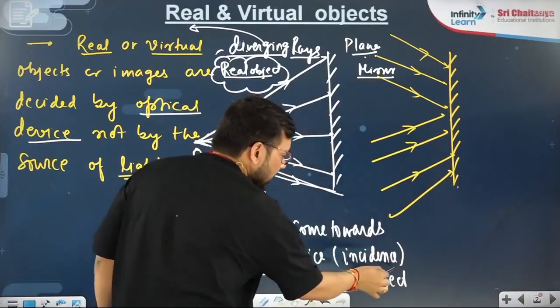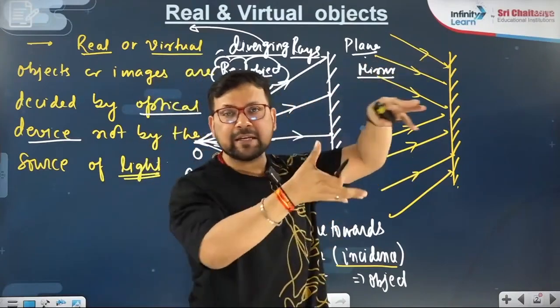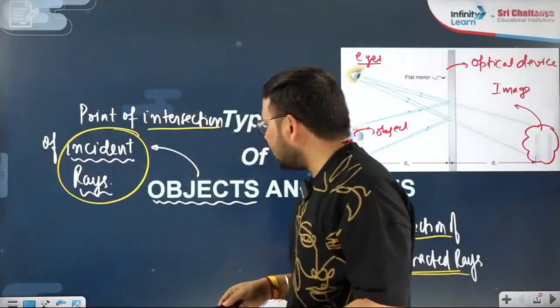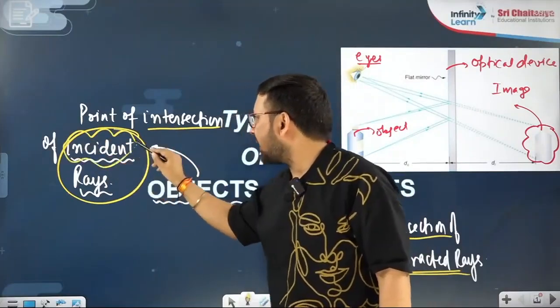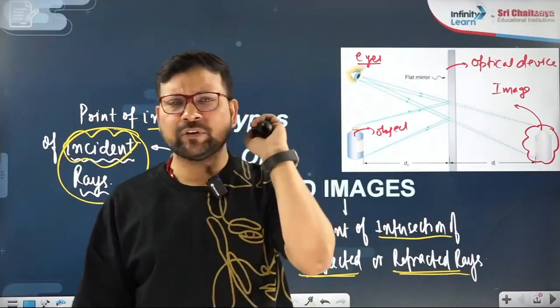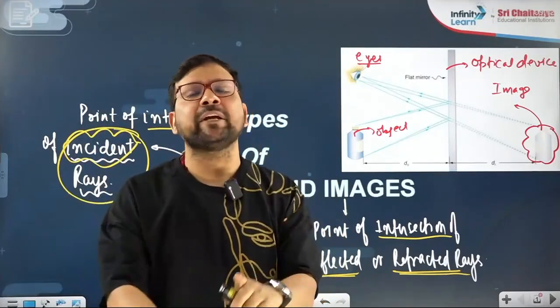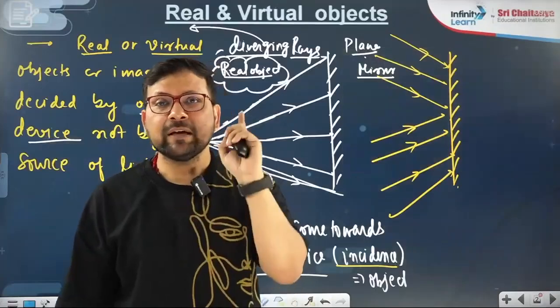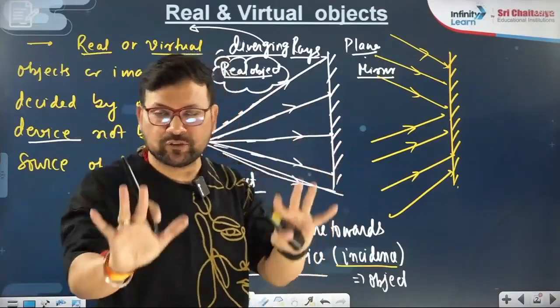Falling means we are talking about incidence, and whenever incidence is there, as I have written in the previous slide, the point of intersection of incident rays is called object. So whenever there is any kind of incidence, we are discussing object, and there is no image coming into the picture. Try to understand: incidence means object. Don't think of image in your mind as of now.